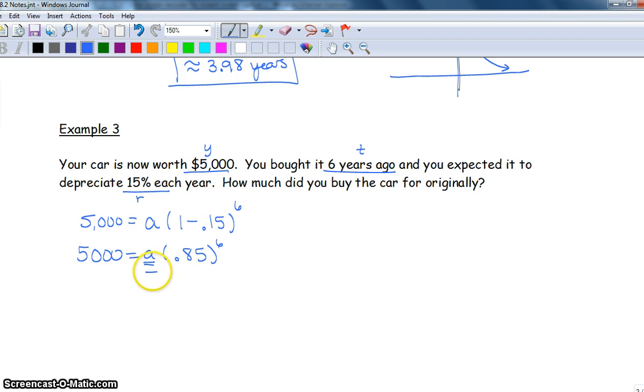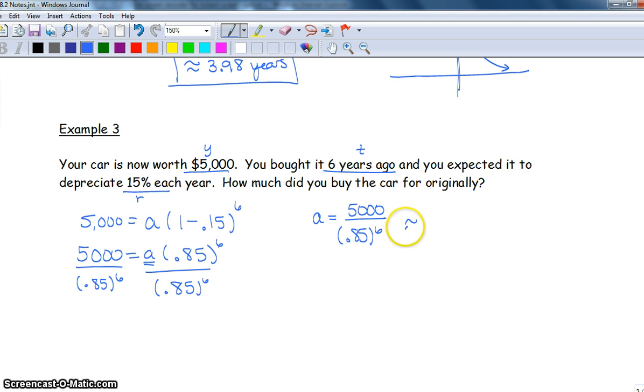So to get that, I'm going to divide each side. And I would not round here. The more you round, the farther your answer is going to be off. So when it's a simple problem like this where it's just dividing by one piece, don't round until the very end. So A is equal to 5,000 divided by 0.85 raised to the 6th power.